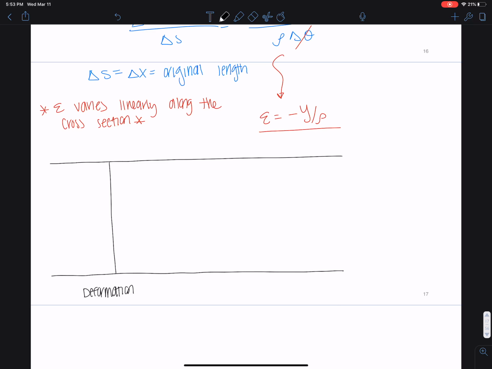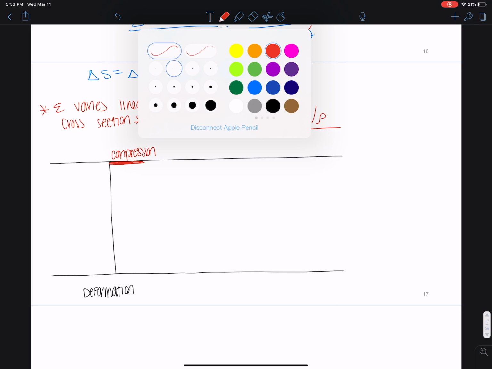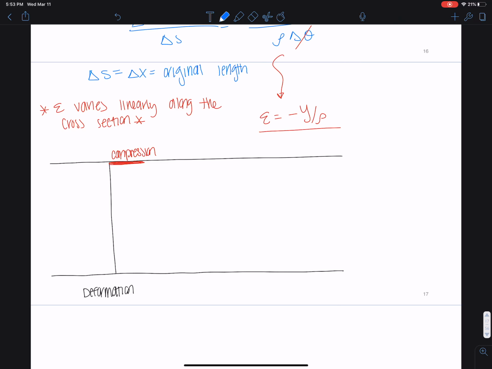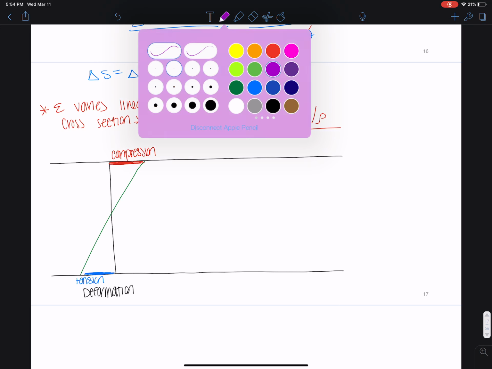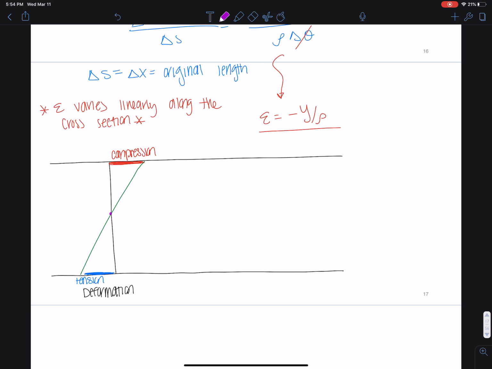So we know the top experiences this compression. We know the bottom experiences some tension, and if we connect those two, this is now the location right here in the middle where we experience nothing, basically no change in length. That is our neutral axis.